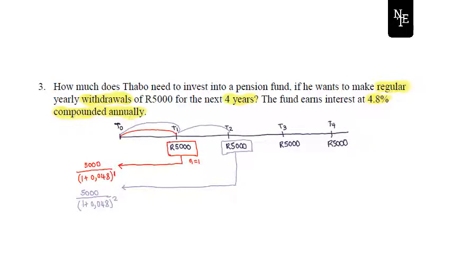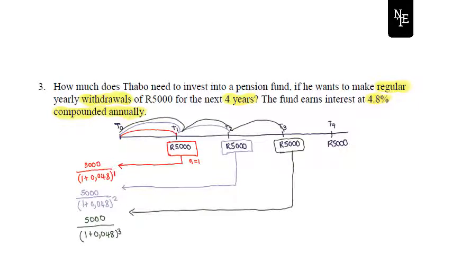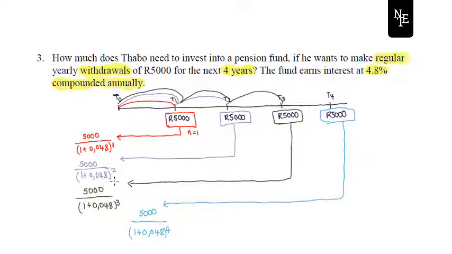Then the third one, and lastly, you can see that all of these amounts, if you had to evaluate them, are basically just a value of P.